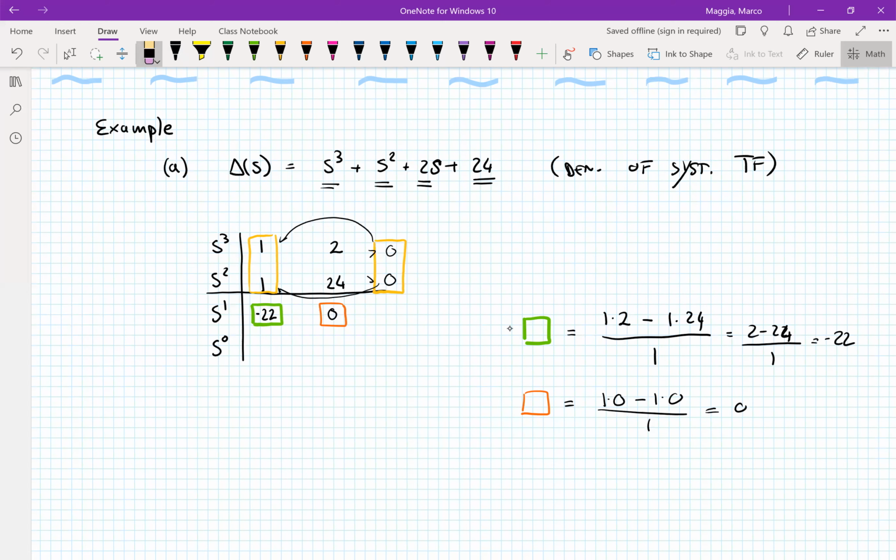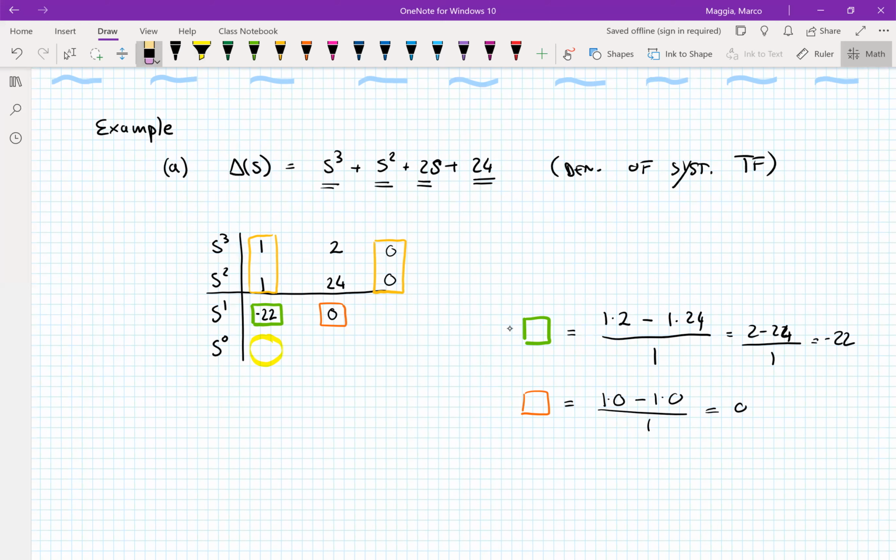Now let's go ahead and complete the Routh array. This is quite straightforward. We only need one last element, the last element of the Routh array, that is column 1, row 4.